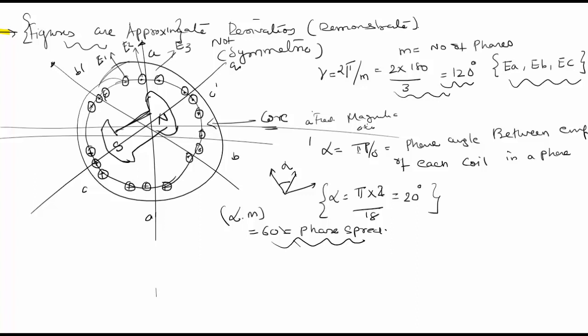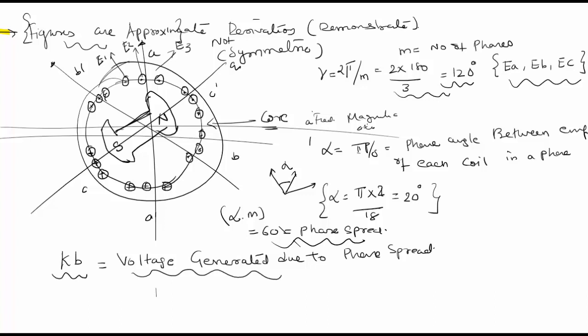Now the first is the derivation for the breadth factor KB, which is equal to the ratio of the voltage generated due to phase spread, since each coil of a phase has a different voltage generated and the coils are eventually connected in series.